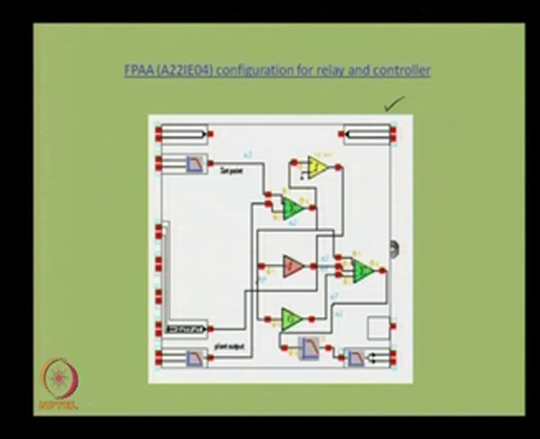Here this part actually gives us the PID controller action and the relay is shown over here. When the relay is there, there are choices to design offline and online PID controllers based on the acquired plant information.